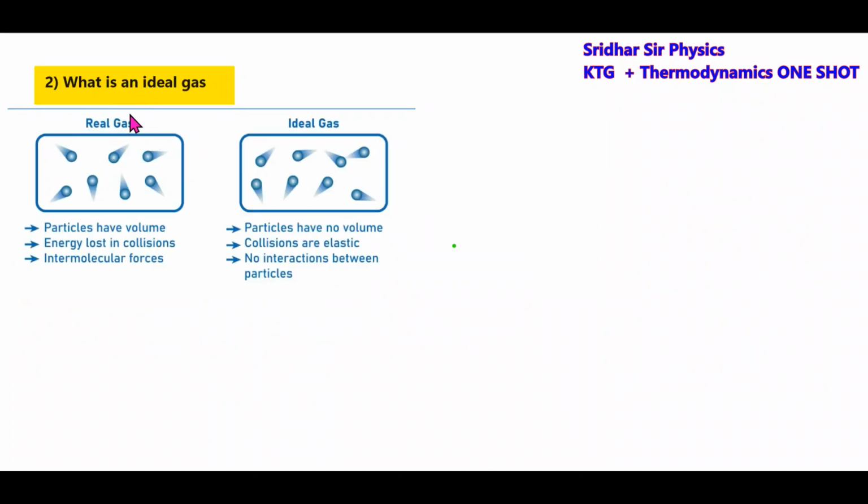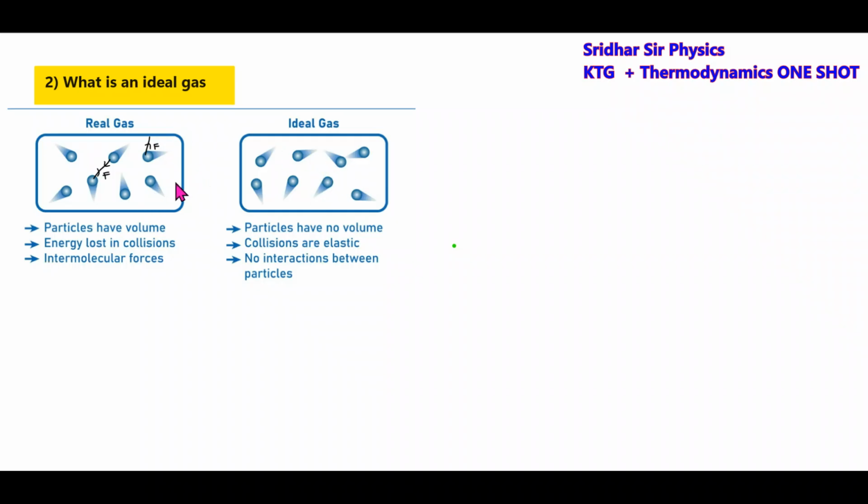Next, what do you mean by real gas and ideal gas? In a real gas, the particles have a volume; the volume of the molecules should be considered. Energy is lost in collision; they encounter inelastic collision. There is also a force of interaction between the molecules, and between the molecule and the wall. In an ideal gas, the volume of the particles is negligible compared to the volume of the vessel, collisions are elastic, and the force of interaction is negligible.